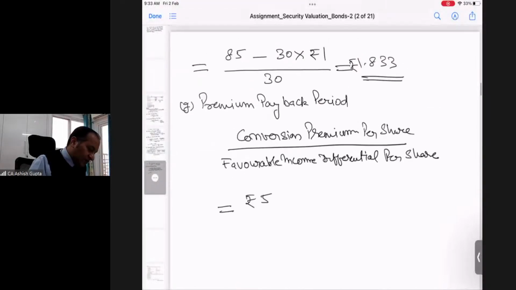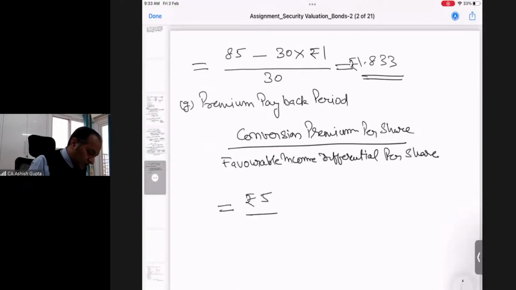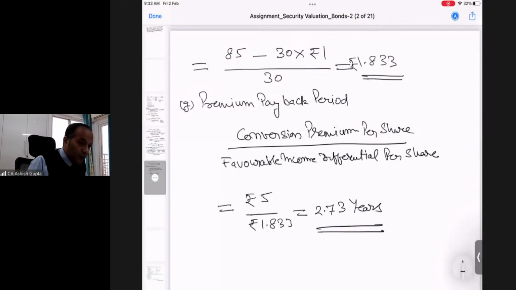Here my favorable income differential is 1.83. So it means if I hold the bond at least for 2.73 years, only then I will be indifferent between getting it converted or continuing to hold the same.